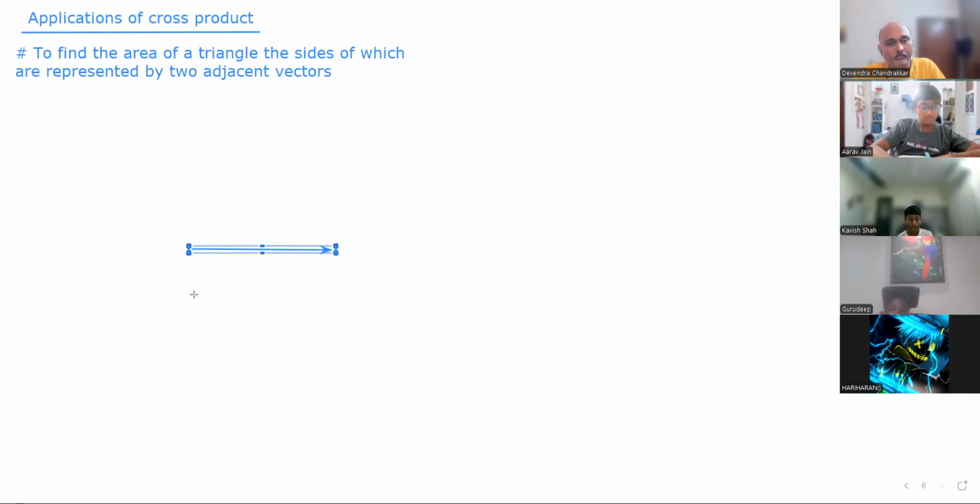So this is one vector. This is another vector. And I will close the third side with just a straight line.